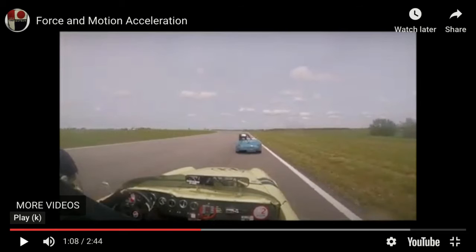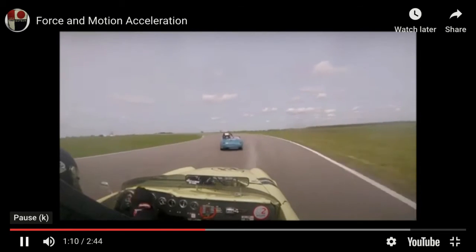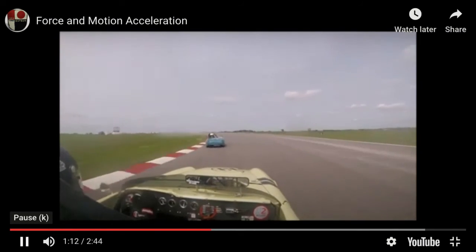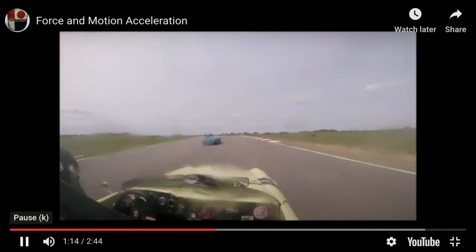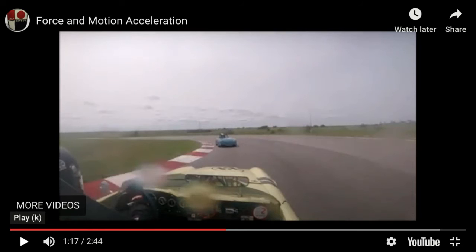True or false? Me accelerating coming through this corner would be an example of positive acceleration. Now, as you see the car slow down as it comes through this corner, this would be an example of negative acceleration. True or false? This would be an example of negative acceleration. True or false?